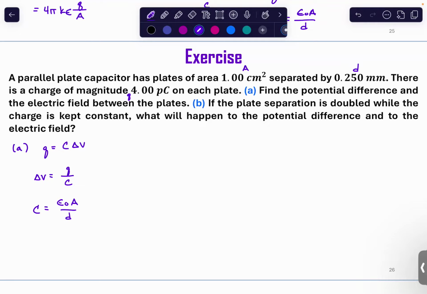Okay, so if you're looking this up, you're looking at the permittivity of a vacuum. That's epsilon zero.